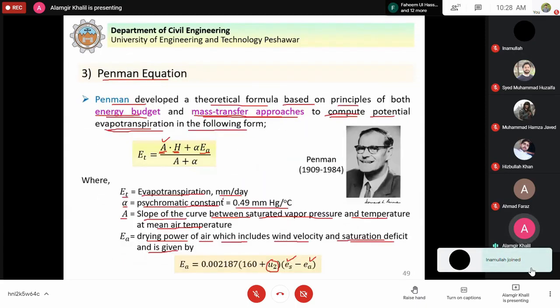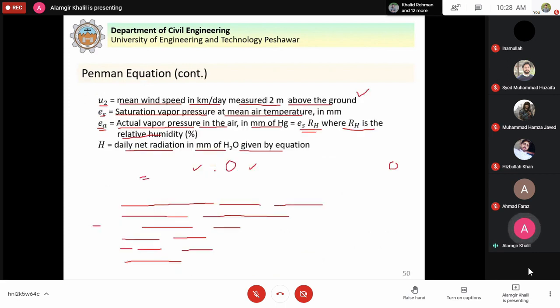This value of A is actually used in this formula here, in the numerator and in the denominator.